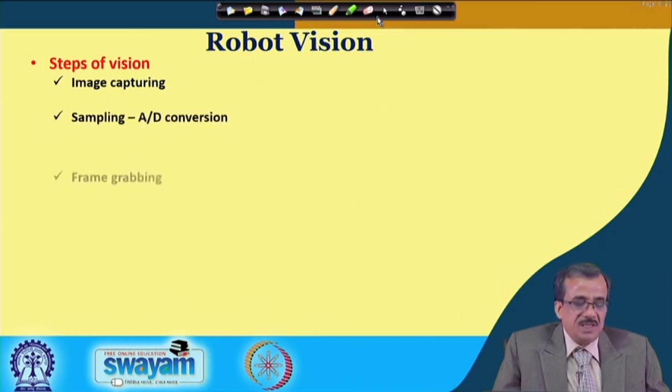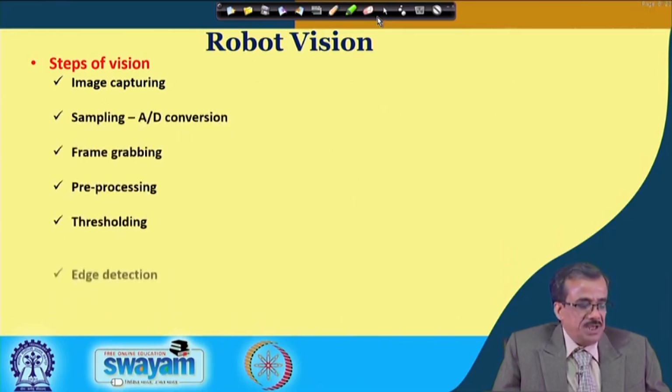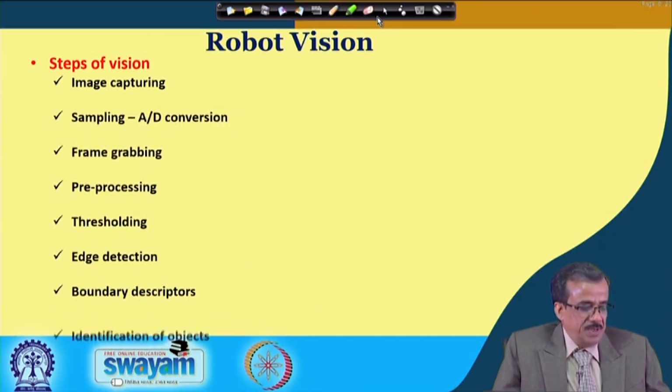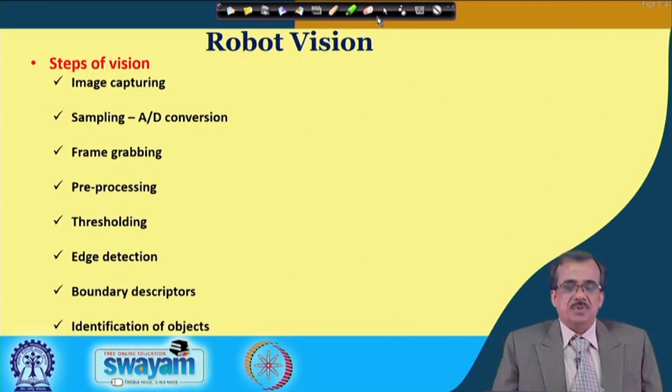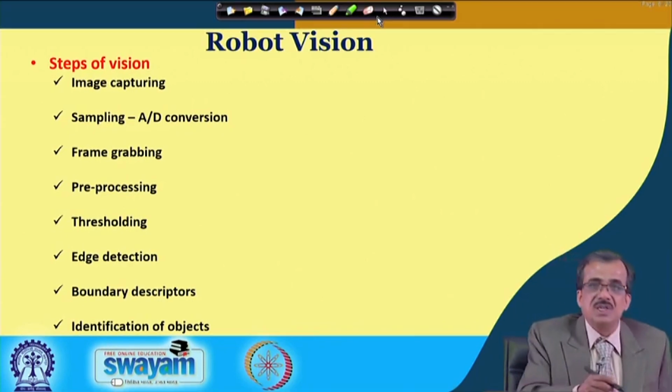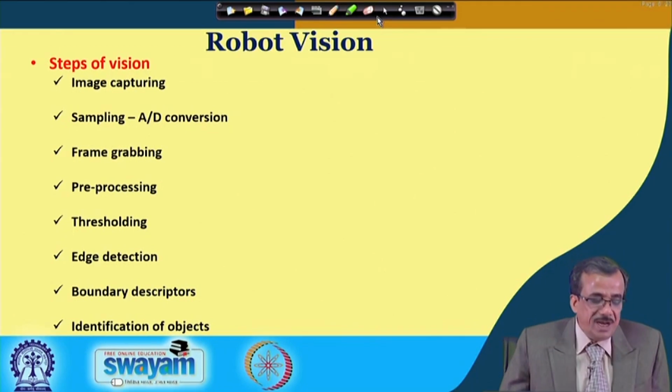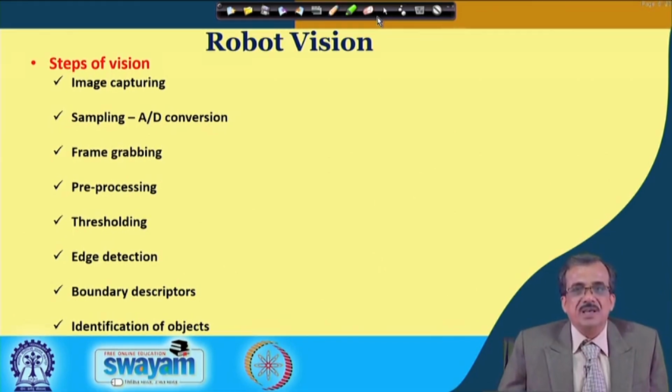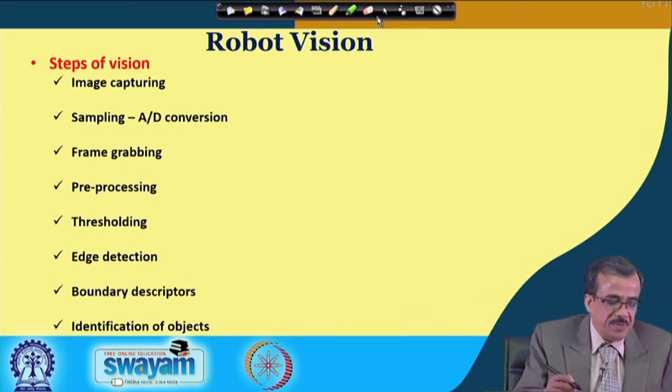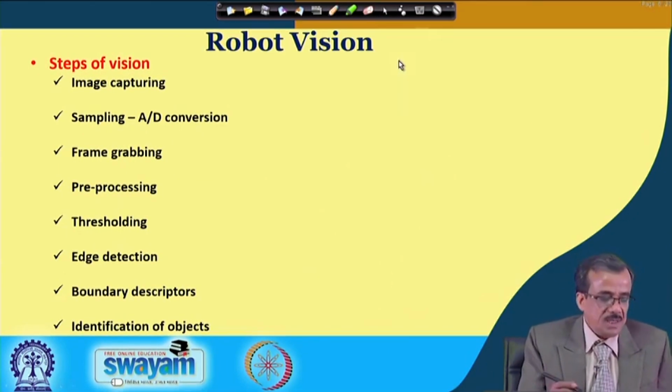I will be discussing each of these particular steps in brief. Let me spend some time on discussing the fundamentals of this, then I will try to find out where are the areas where you can take the help of fuzzy logic and neural networks just to develop a more efficient robot vision system or computer vision system.